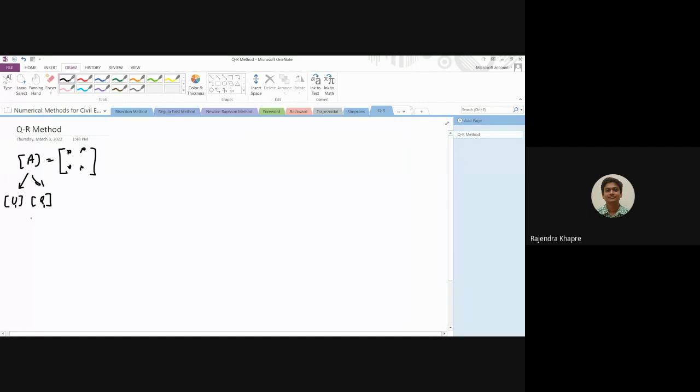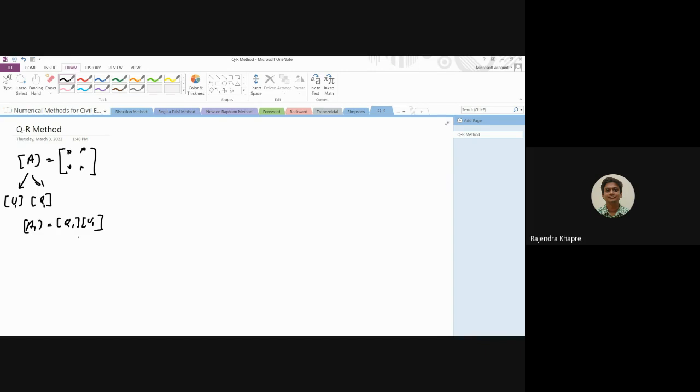Once the values are calculated, you can generate the A1 matrix as the product of Q1 multiplied by U1. Like this, again A1 has to be broken into two parts. Again you generate from A to A1, A1 to A2 to A3, just like we have done in the LR method, until your matrix becomes a diagonal matrix.